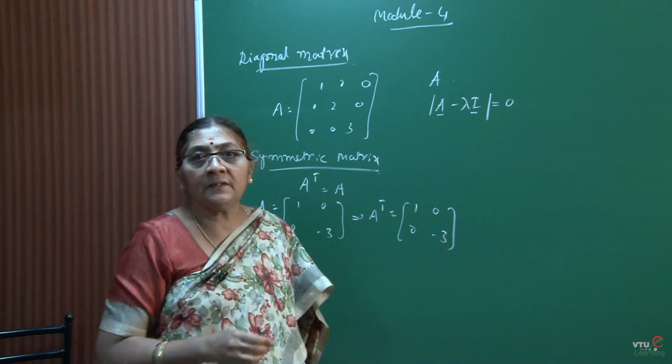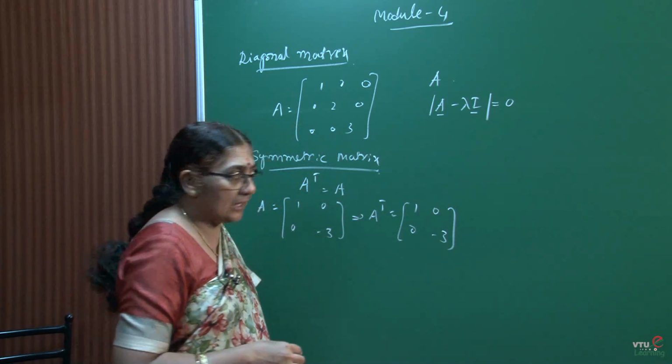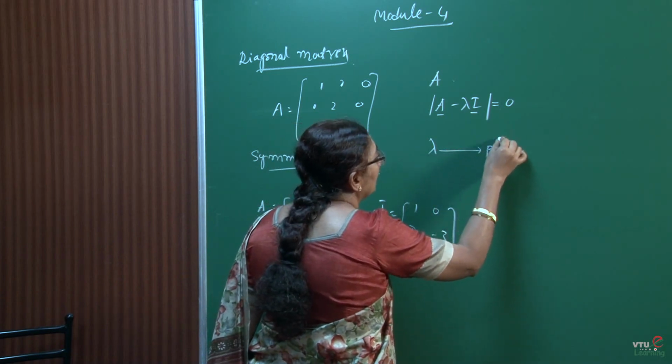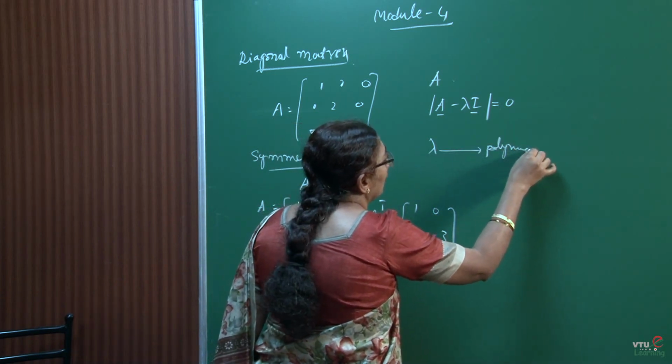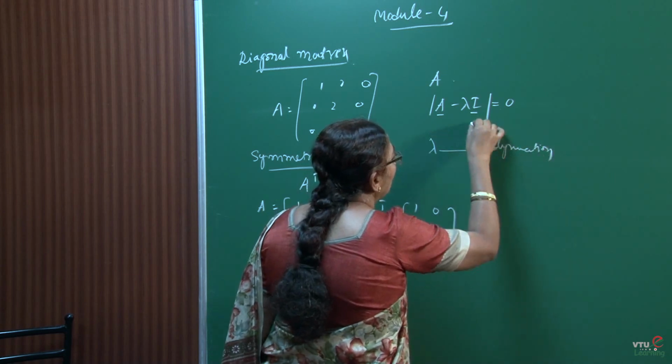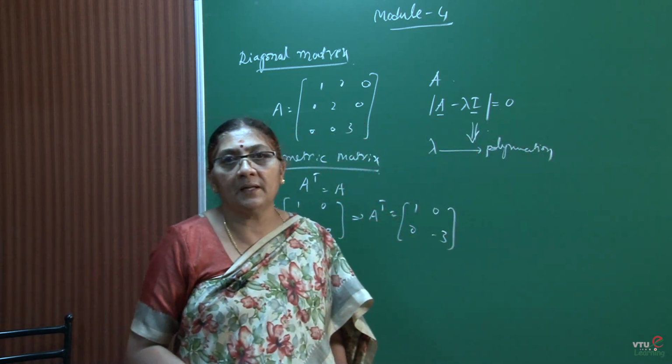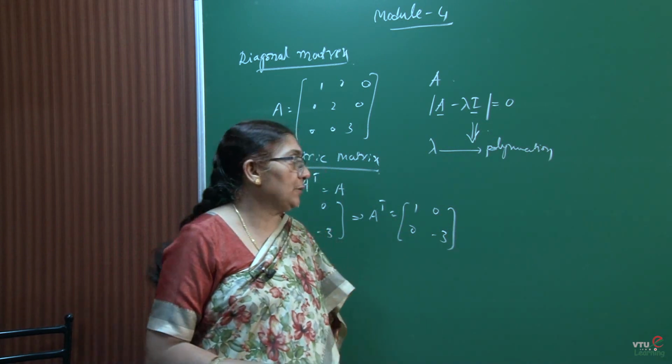Then you solve this determinant and we get the characteristic equation, which is a polynomial in terms of lambda. You find the characteristic equation from the determinant of A minus lambda I equal to 0.